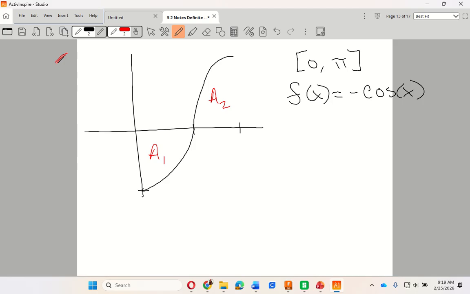So if I do the antiderivative of this, from negative cosine, it's going to give me what?